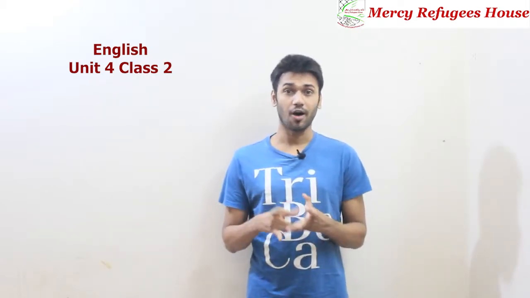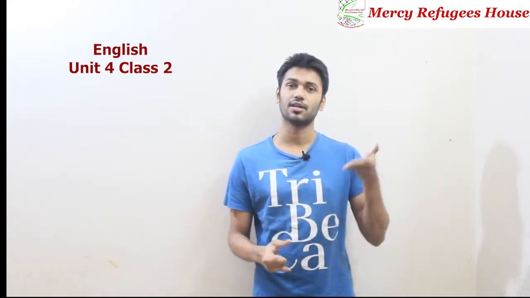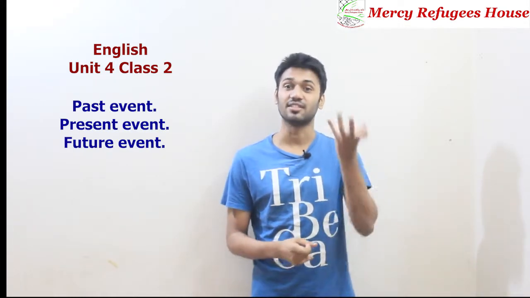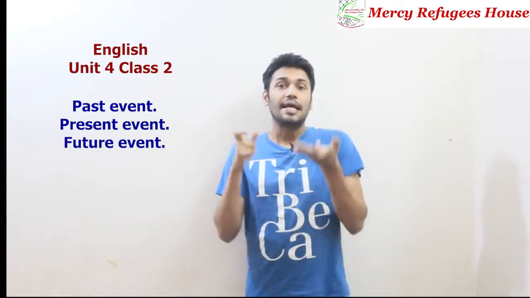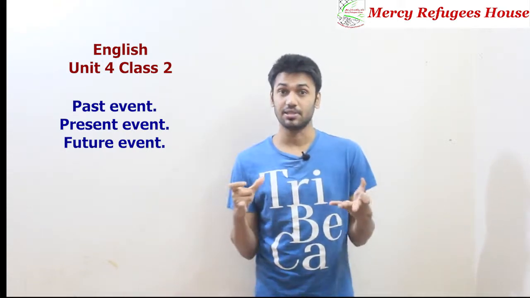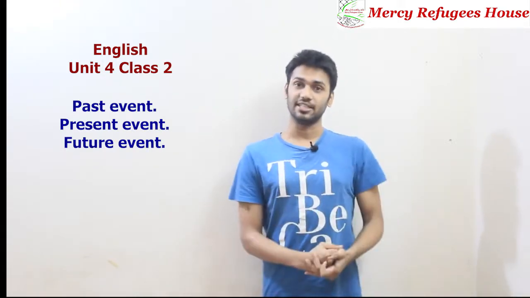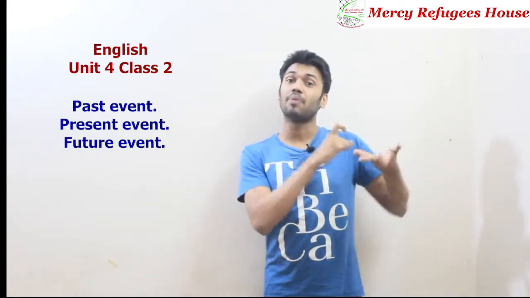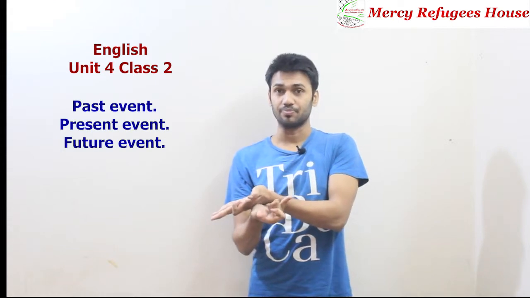In Class 1 of Unit 4, you taught the students about past events, present events and future events. In this class, we will be talking about the same thing, but we will give a detailed idea about past events, present events and future events.